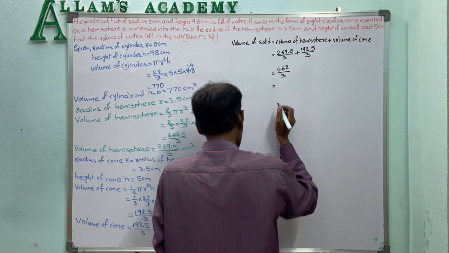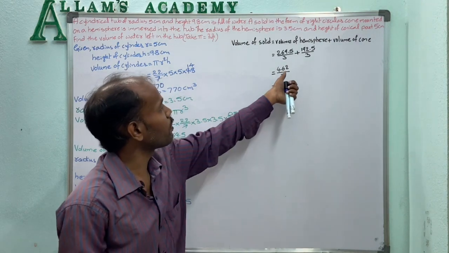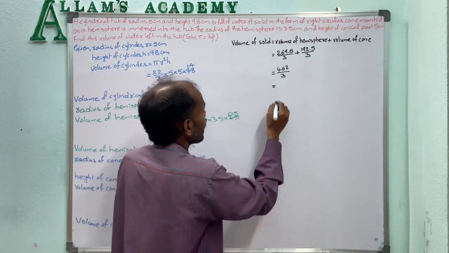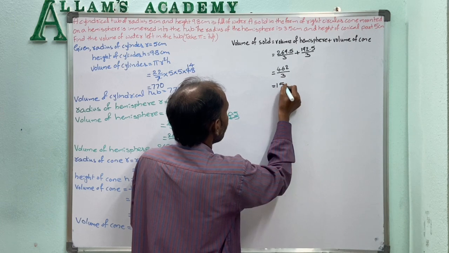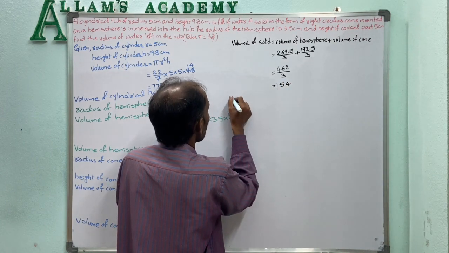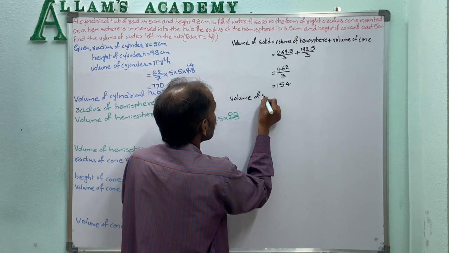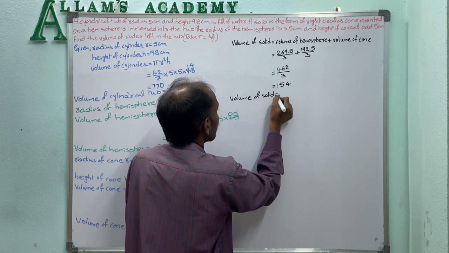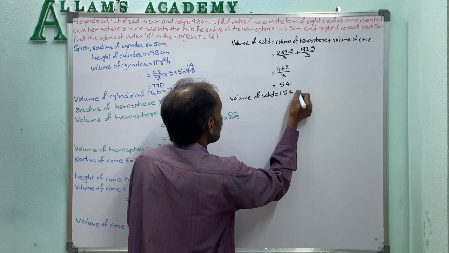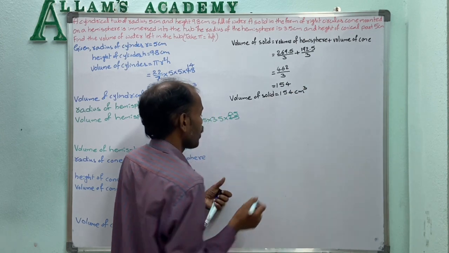So 462 by 3 is 154. So volume of solid equal to 154 centimeter cube.